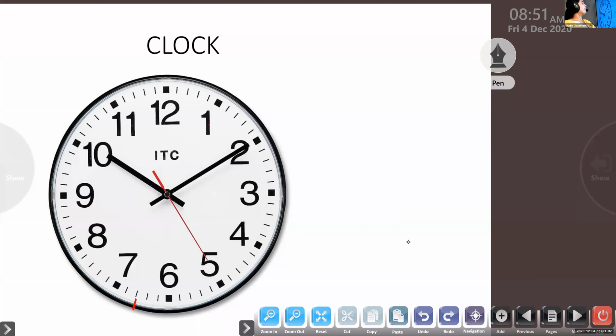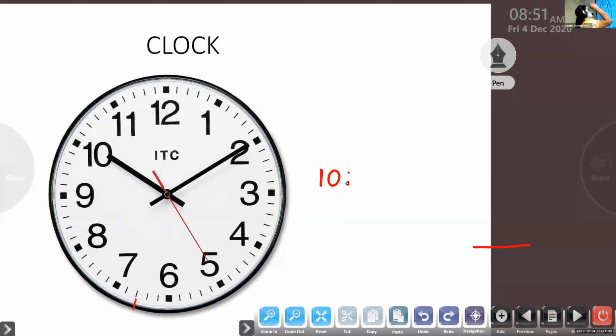Okay. So I told you, when you write time, first you have to write the hour. So just see the clock. Please tell me what is the position of the hour hand. It is pointing exactly towards 10. So you can write the hour as 10.